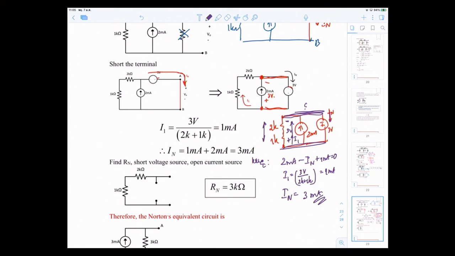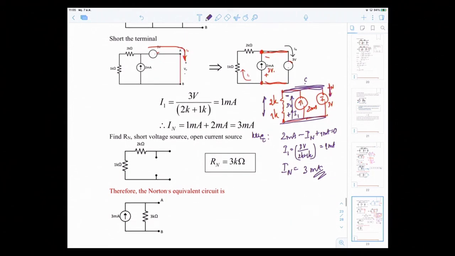What about my RN? Well, for my RN, I have to turn all the sources off. So I have 1K, 2K. Current source, open it up. Voltage source shorted like this, AB. So therefore, AB is 2K in series with 1K equal to 3K ohm. So my RN is 3K ohm.